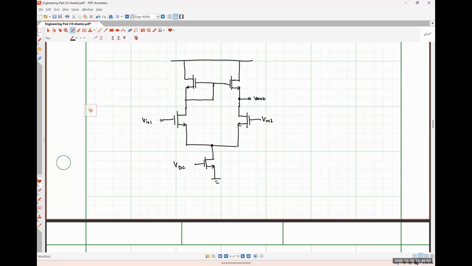We can make it better by doing what's called cascoding, which is stacking transistors on top of transistors, essentially. But that's going to make our input resistance even larger and our output resistance even larger. So what we would do is take the output of this system and feed it into another gain stage so that we can get larger gain.